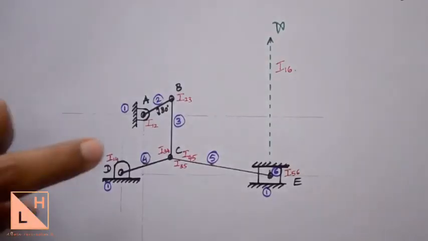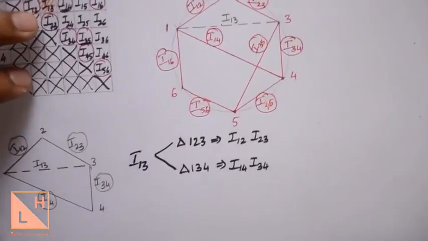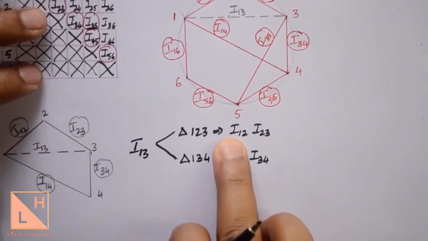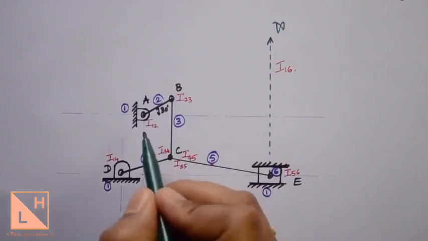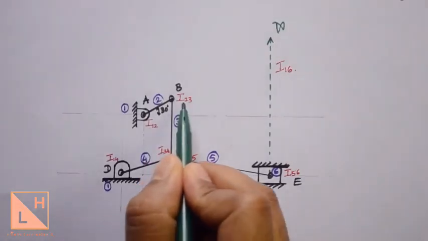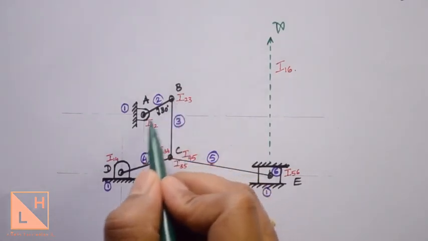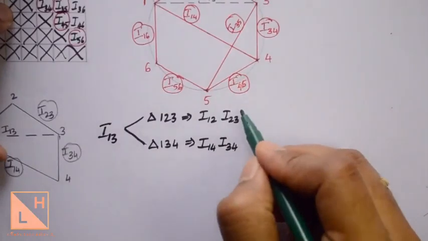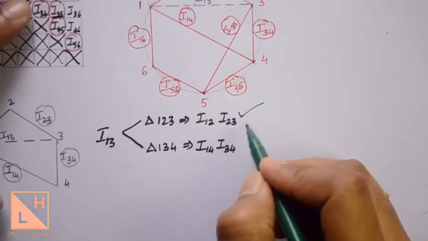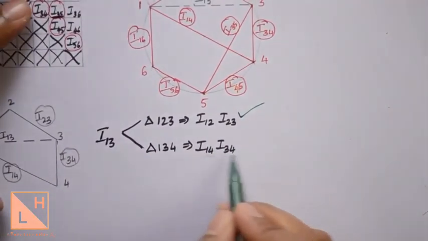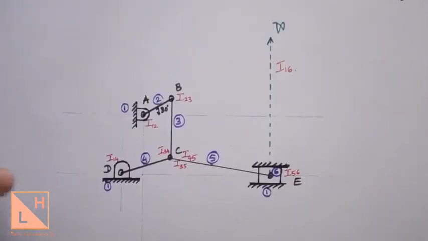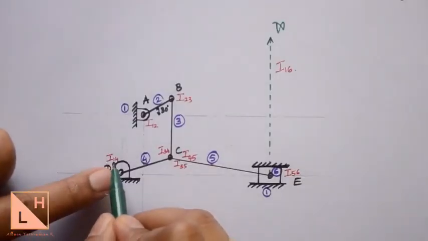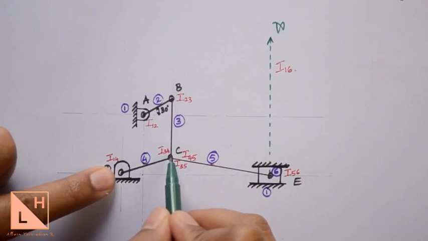So come back to the mechanism drawing, and locate which ICs to be joined: I12 and I23. So here I have I12 and here I have I23, which are already connected by a straight line. Let's join I14 and I34 as well. I14 is present here, I34 is present over here.